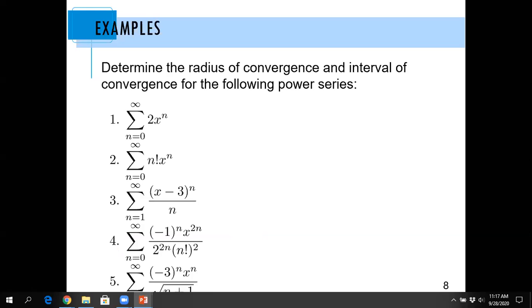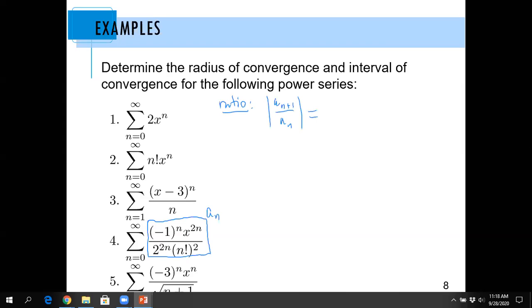Help me out here. How did you guys start this out? Ratio test? Yeah. So if you call that whole thing a_n, and you apply the ratio test, then you're looking at the absolute value of a_(n+1) over a_n. And first of all, I can ignore the (-1) stuff, correct, since we're taking absolute values anyways?